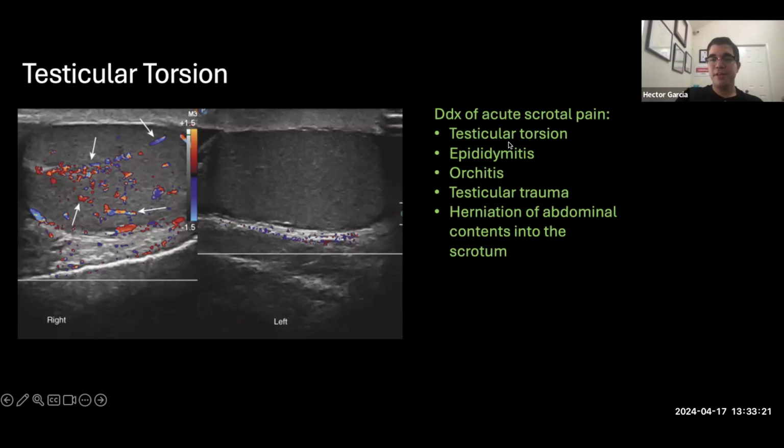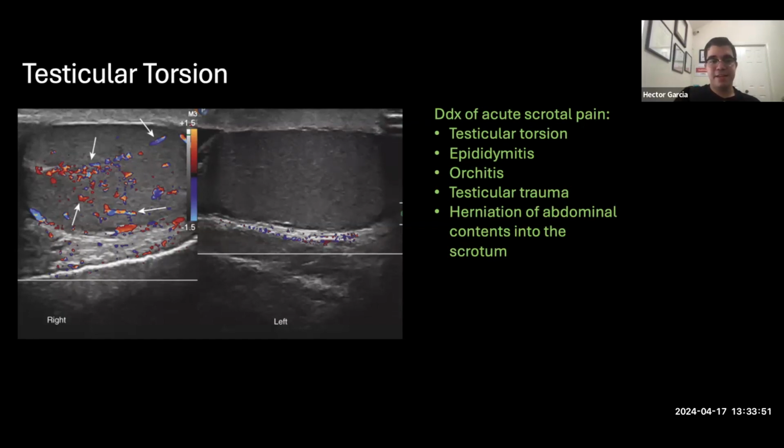Other things that we have to think about in our differential for acute scrotal pain include testicular torsion, epididymitis, orchitis, testicular trauma, and herniation of bowel contents into the scrotum. Sometimes the NBME is very non-specific between testicular torsion and epididymitis. So they give you a subtle presentation, and then they ask what is the best next step in management.